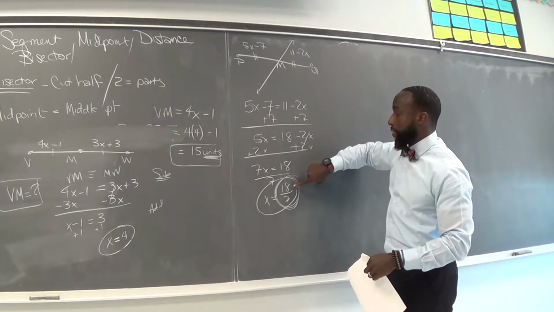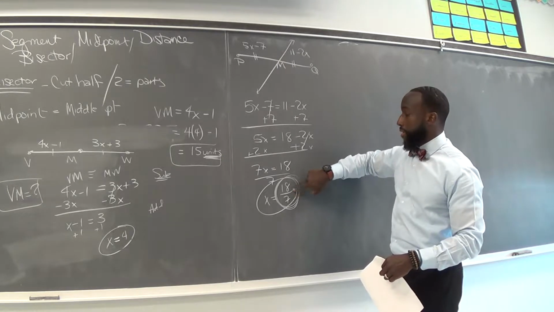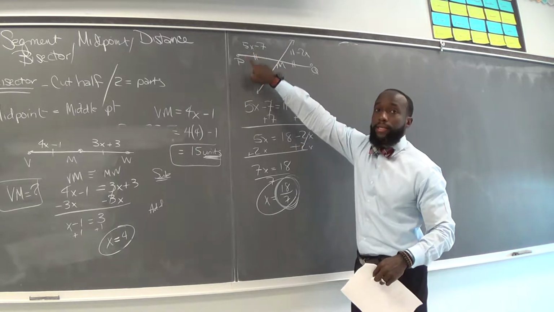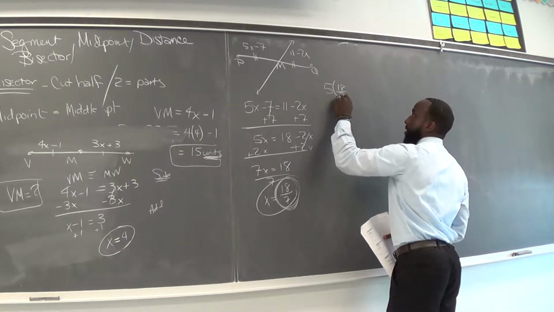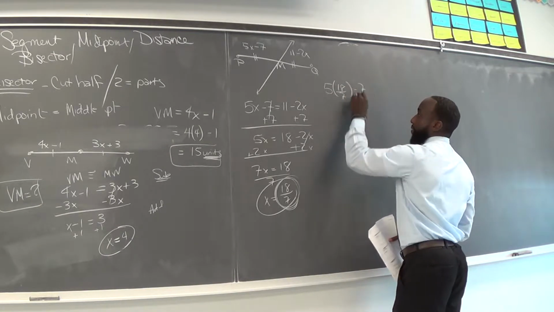Here we go. So 18 over 7 goes in this place here. So we're going to have 5 times 18 over 7 minus 7.